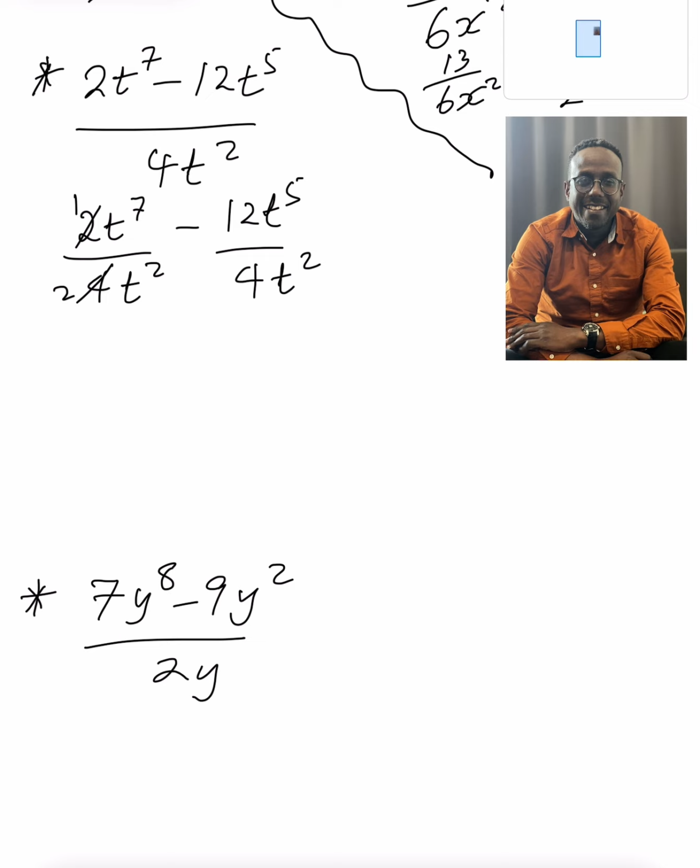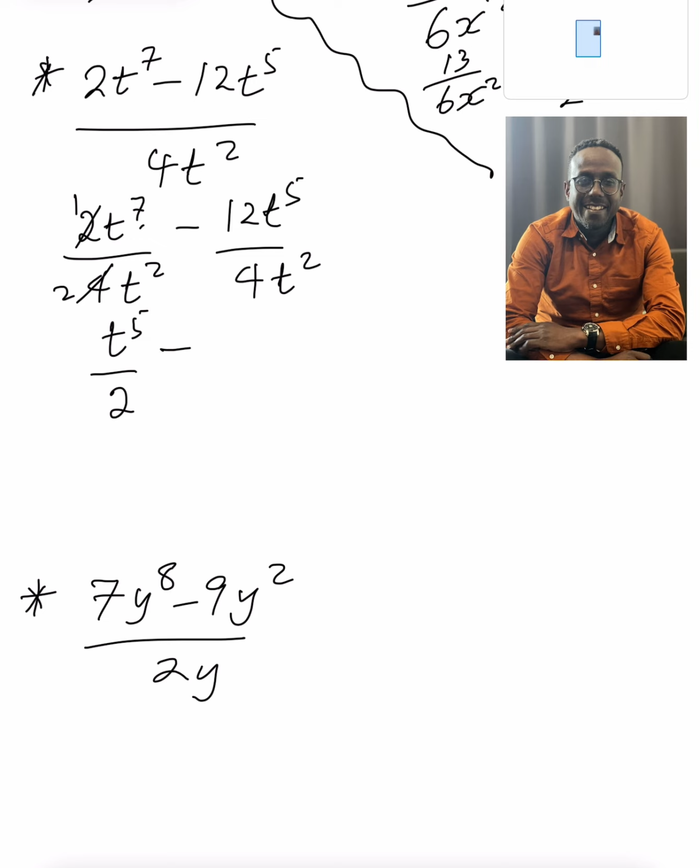Then we subtract 7 minus 2 is 5. So we shall have t to the power of 5 at the top, and down we shall have 2, because we subtracted 7 minus 2. So that's the first one.